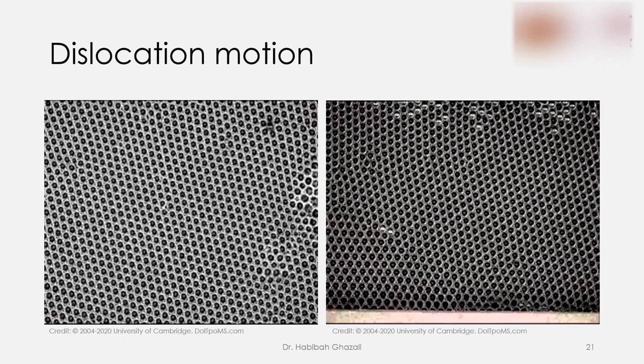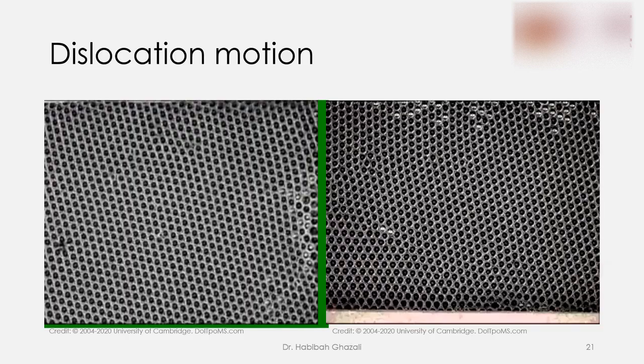It may help you to watch each of these videos several times so you can see the motion of dislocations through this demonstration. I'm going to upload this video to your e-learning so that you can watch it over and over again to grasp the concept of how dislocations move on a crystallographic plane.